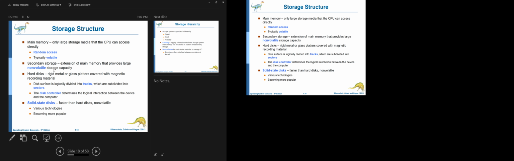Disks can be fragile if you jar them or drop them. With a traditional hard disk, you can have a head crash because there's a little pin reading all the data, though things have gotten better at that.